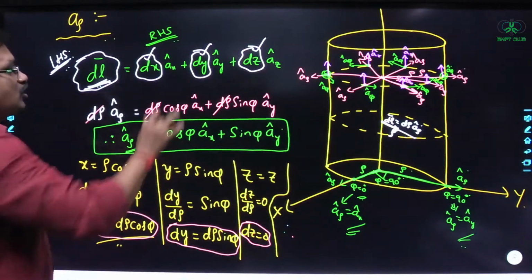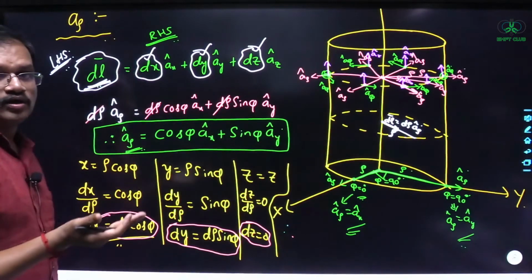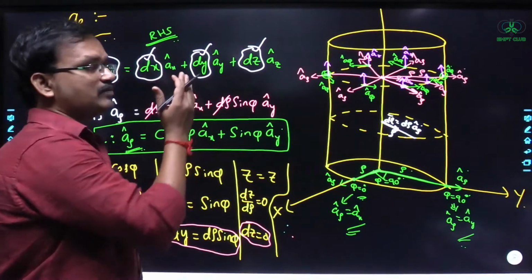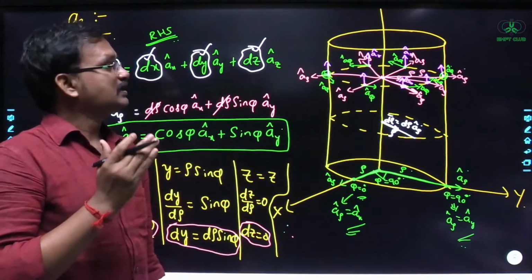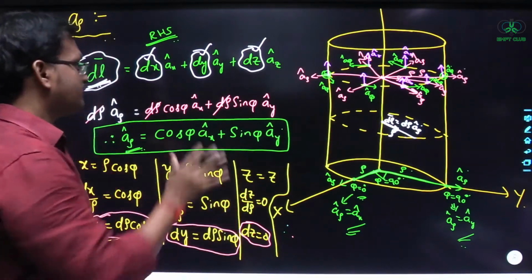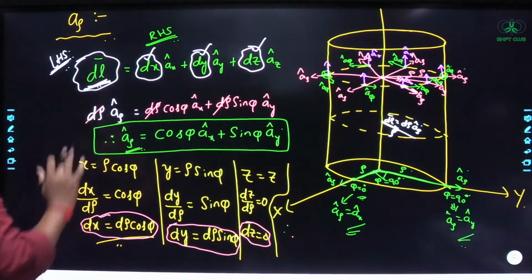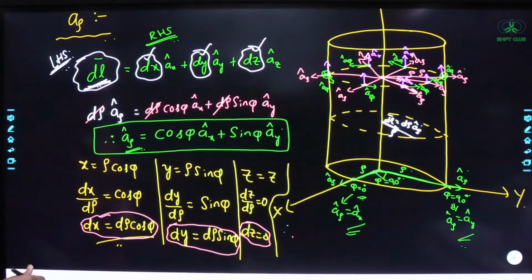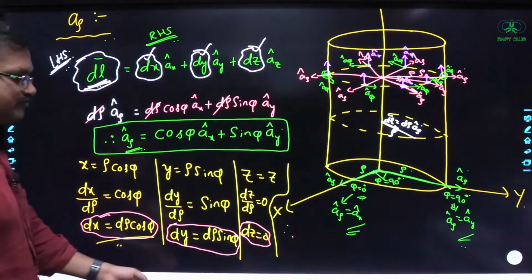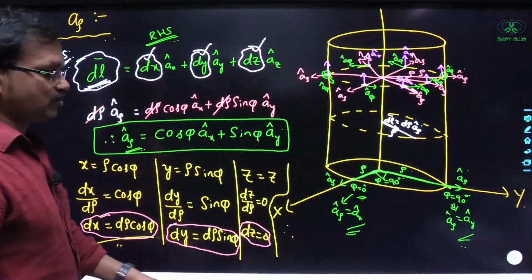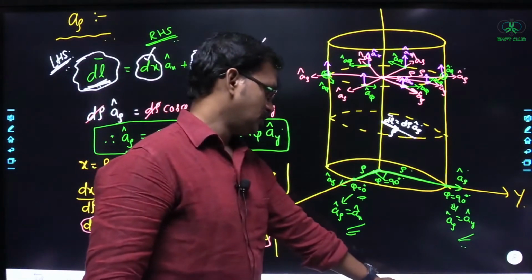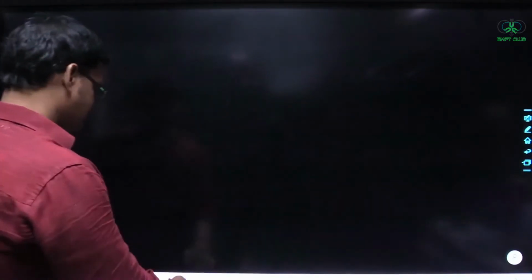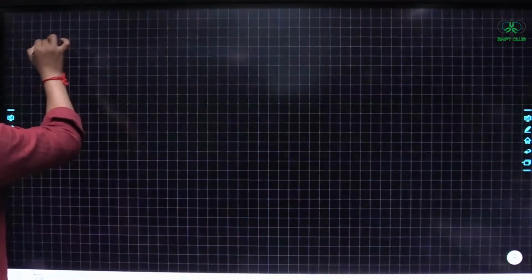That means you have to determine dx, dy and dz by varying only rho. From that we got the expression for a rho cap. So this is one method. Similarly, with the help of this same method, you can determine a phi cap also.